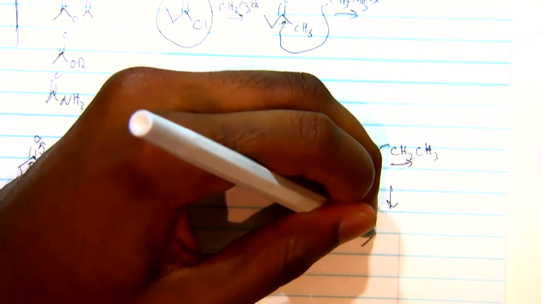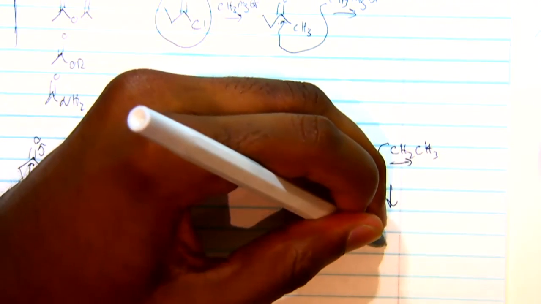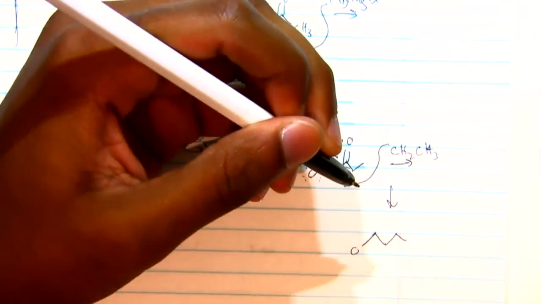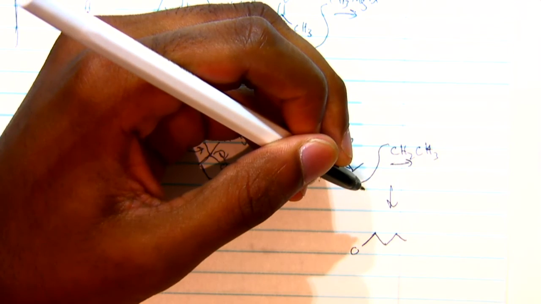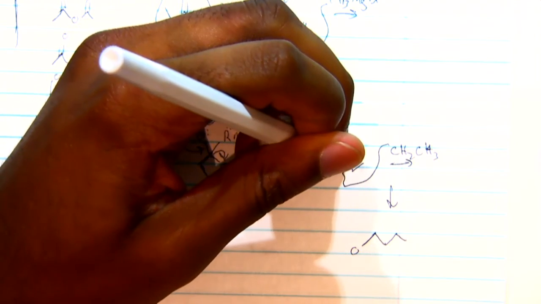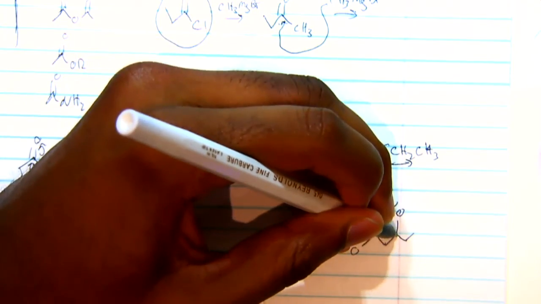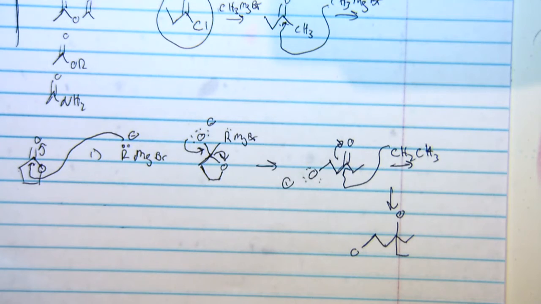And then you have your CH2, you have your O, you have your, I kind of drew that weird, 1, 2, 3, at this point. So now I have another CH2, CH3 group onto it. Does that kind of make sense?